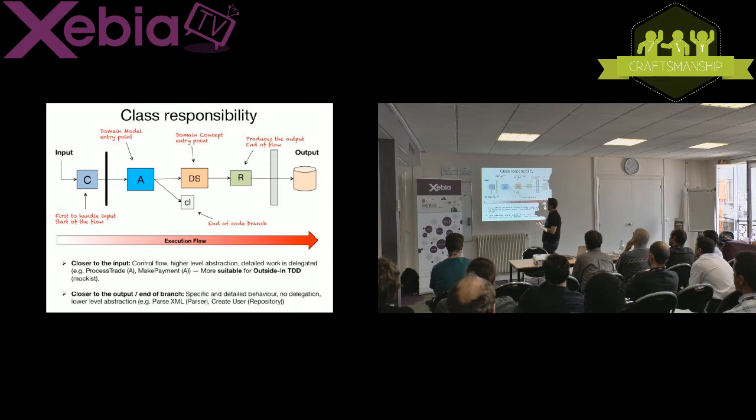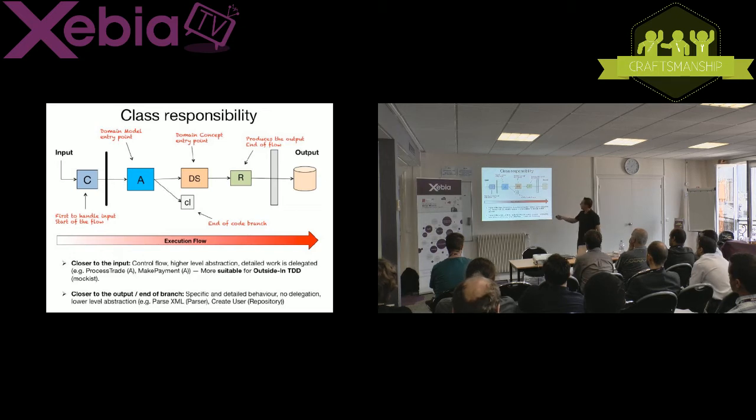So what I noticed was the closer the classes are to the input of the application, the higher level of abstraction they represent. The closer they are to the output of your application or to the side effect or to the end of a branch, because the code will come, there is a branch, and that may come back and rejoin the main branch and do some things, the more specific, more low level.